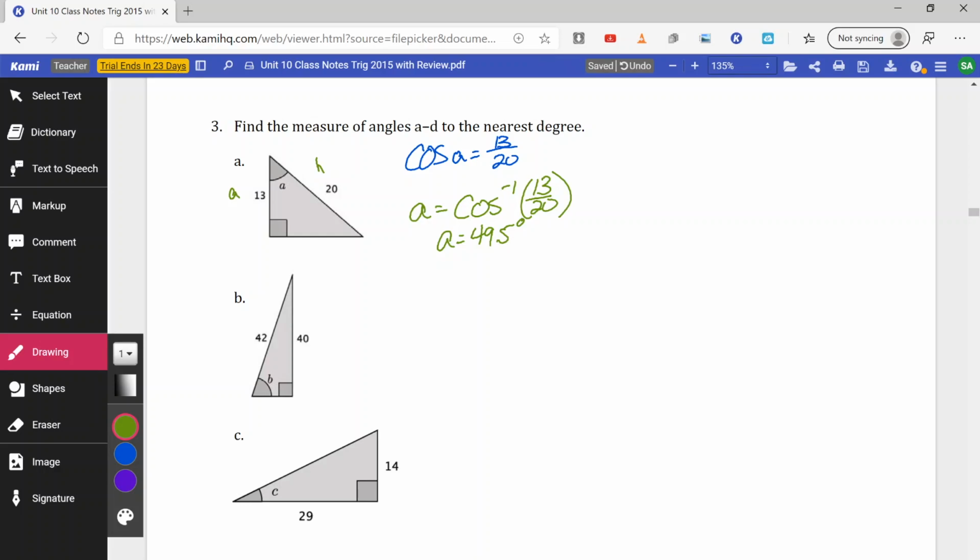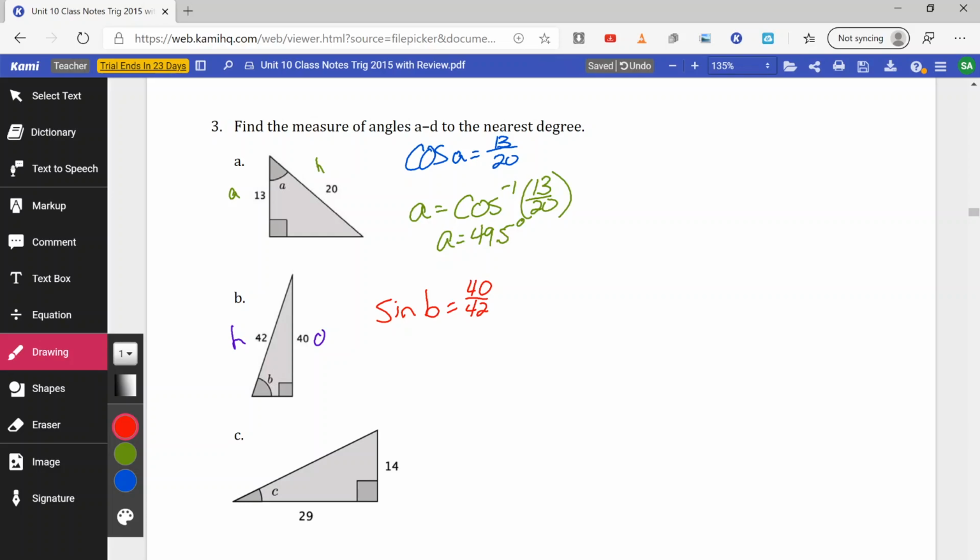B, we're given sides 40 and 42, and here's angle B with the right angle. Again, any side across from the right angle, there's our hypotenuse. 40 happens to be across from angle B, so opposite. So opposite and hypotenuse means we are going to be dealing with sine. So sine of B is going to be opposite, 40 over the hypotenuse, 42.